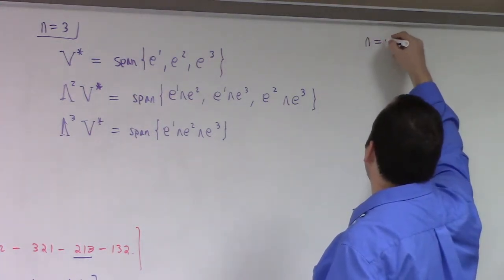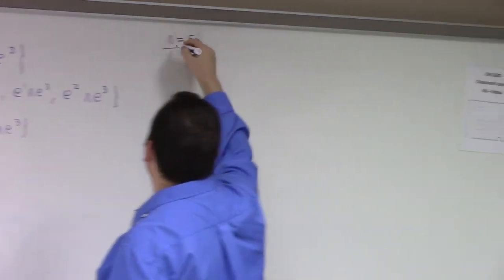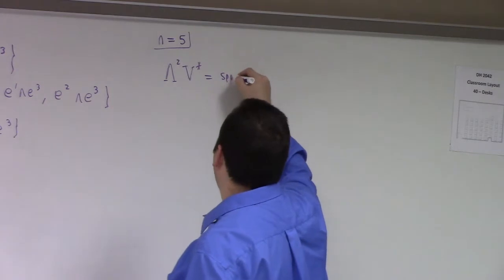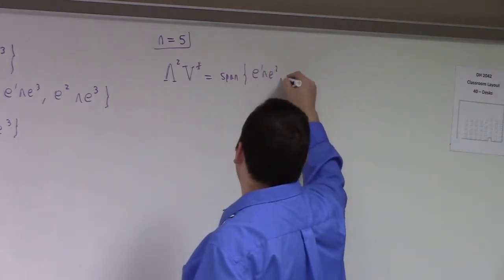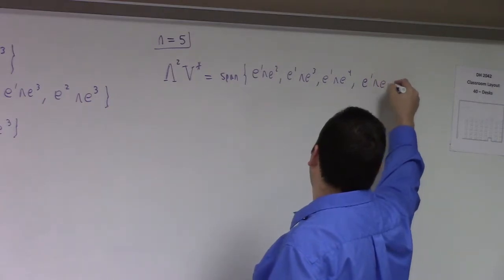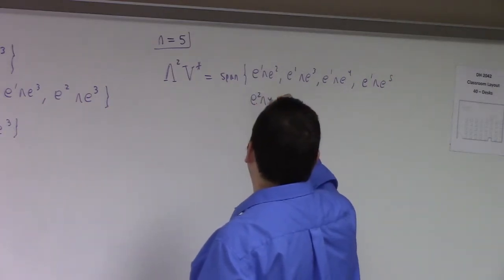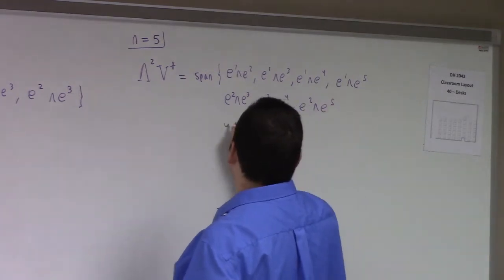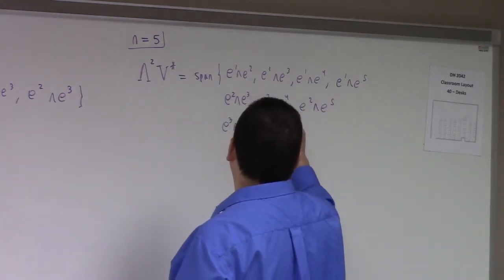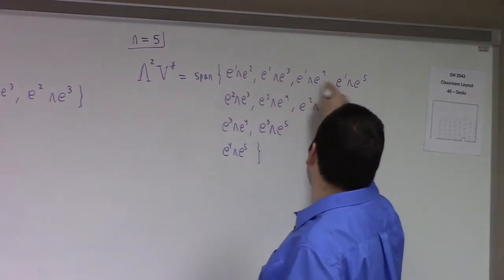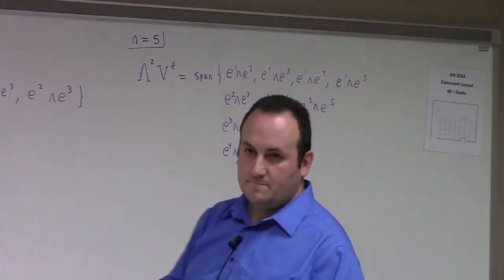What if we had n equals, say, 5, and you looked at the 2 forms? You get E1 wedge E2, E1 wedge E3, E1 wedge E4, E1 wedge E5, E2 wedge E3, E2 wedge E4, E2 wedge E5, E3 wedge E4, E3 wedge E5, and finally E4 wedge E5, and we're out. 1, 2, 3, 4, 5, 6, 7, 8, 9, 10.